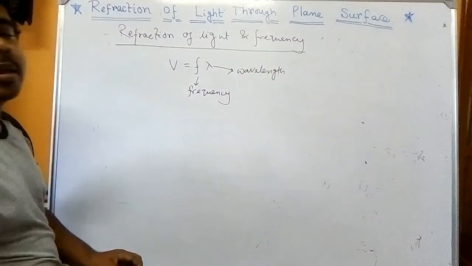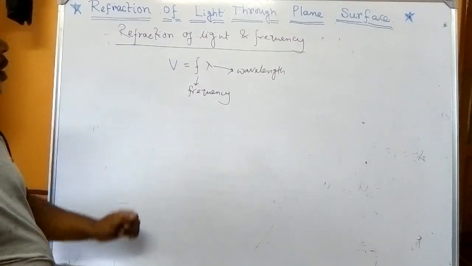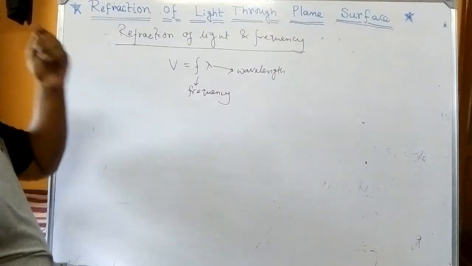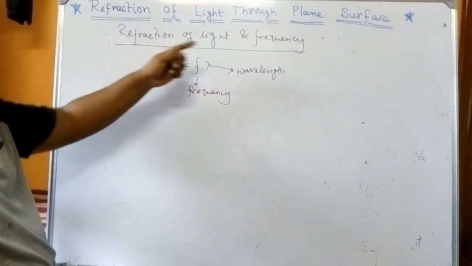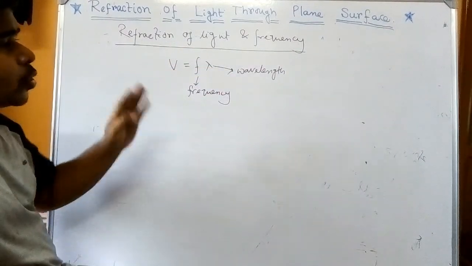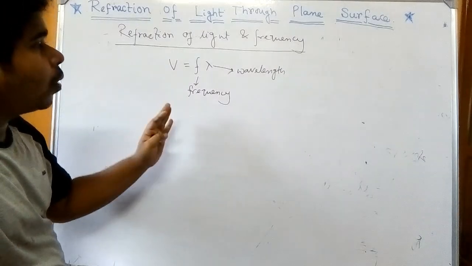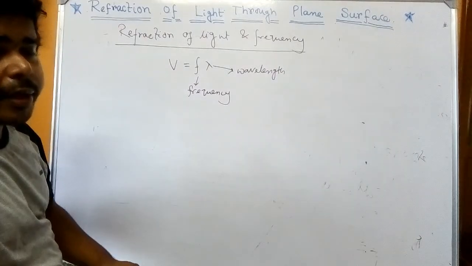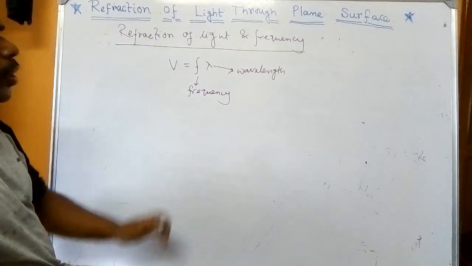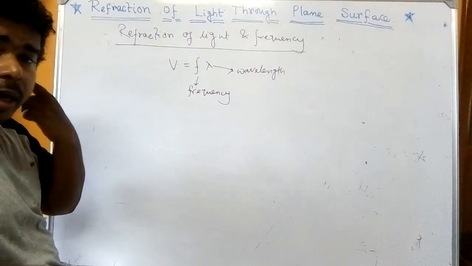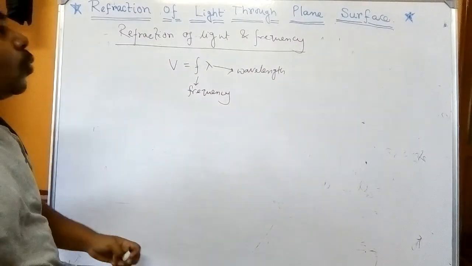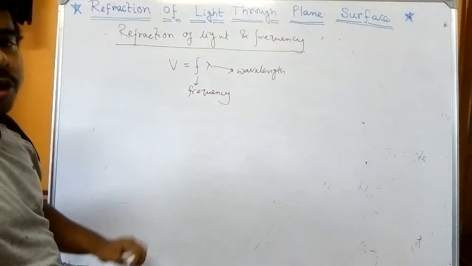Now the question has come: as the refraction of light totally depends on the velocity of light in different media, how do the frequency and the wavelength change with the refraction of light?